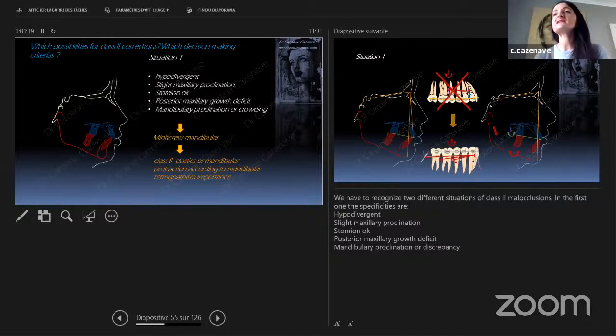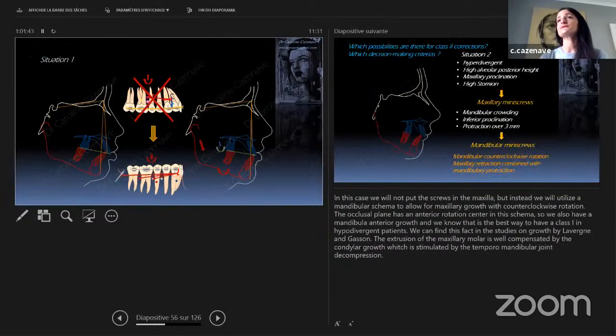We have a posterior maxillary growth deficit, a mandibular proconation, or crowding. In this case, we need to make the choice to put the miniscrews in the mandibular arch. And we use class 2 elastics or mandibular protraction according to the mandibular retrusion importance.